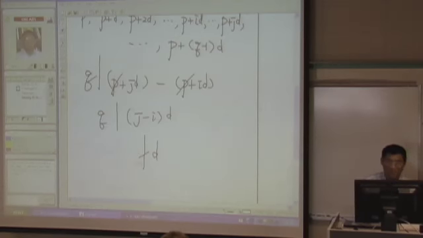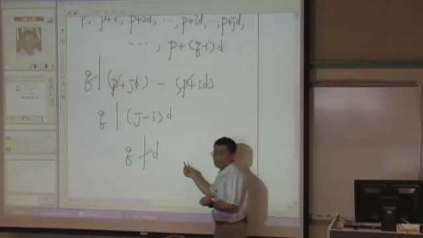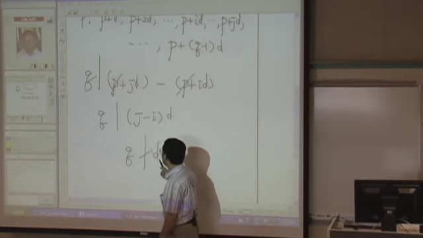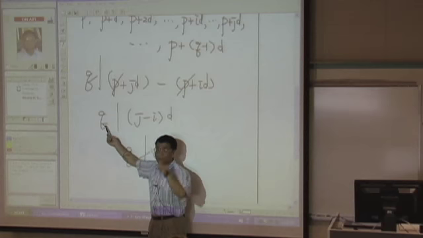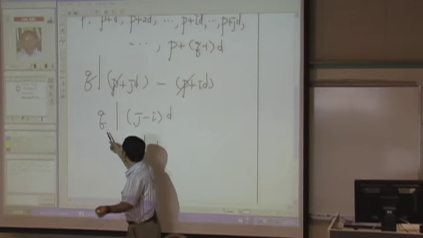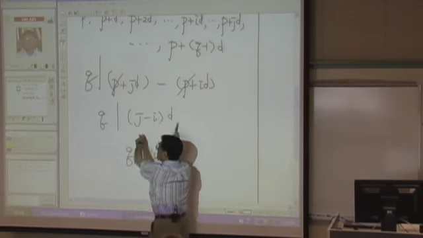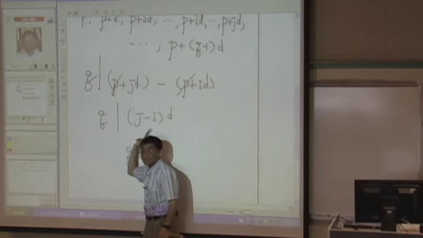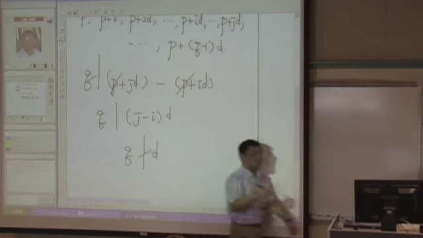By the assumption, in the first place when q was chosen, q does not divide d. Because q does not divide d, and q is prime, by Euclid's lemma that I proved, either of the two should be divided by the prime.